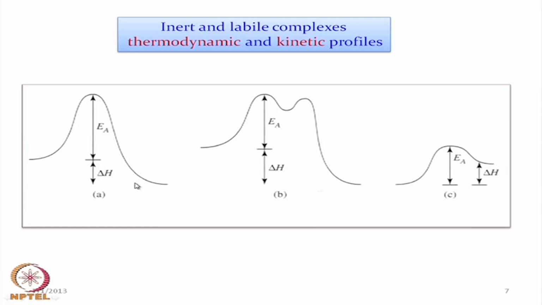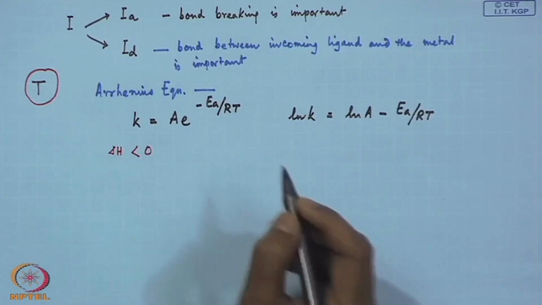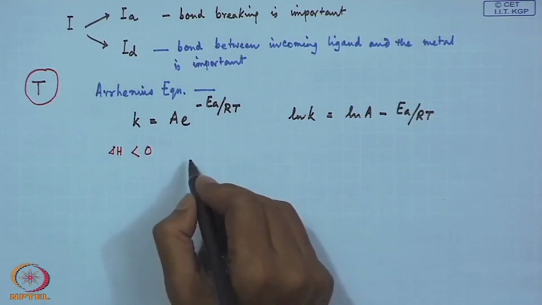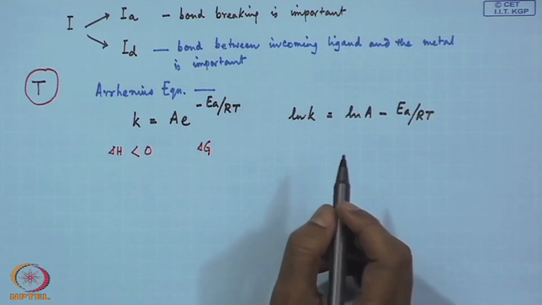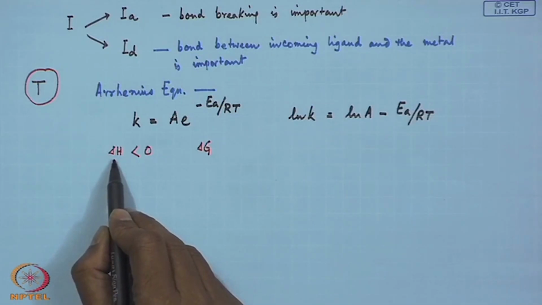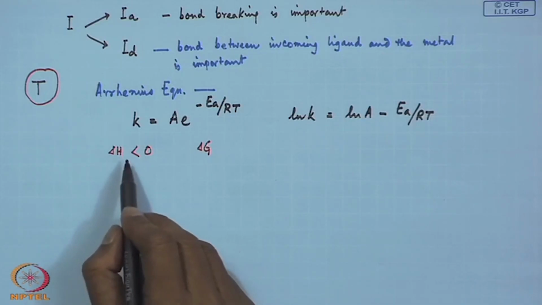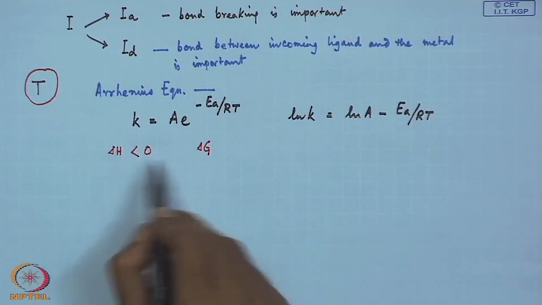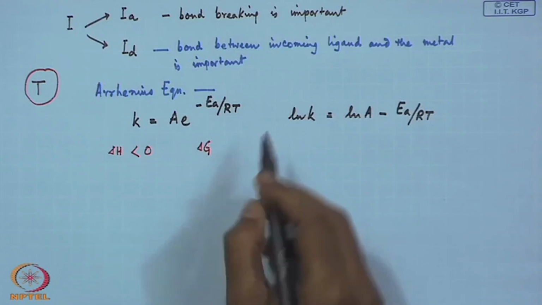If delta H is less than 0, we can talk about delta G also, because delta G is related to delta H through T delta S, and the temperature effect is on the entropy term, but the heat of reaction is directly related to the free energy change of the reaction.